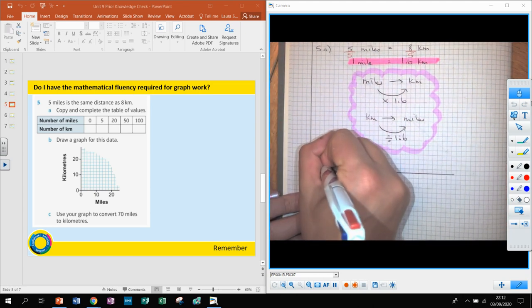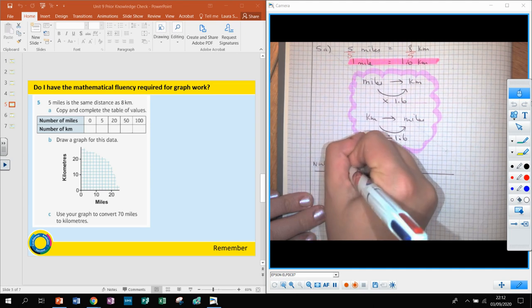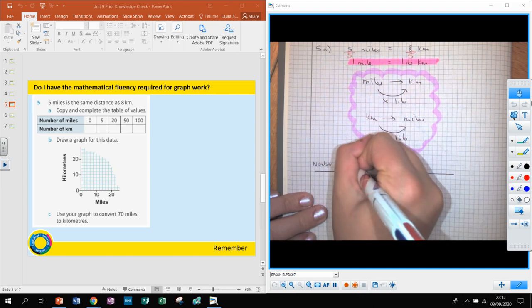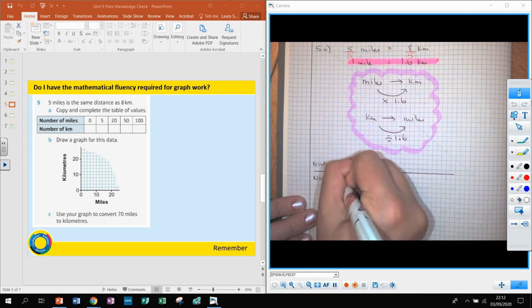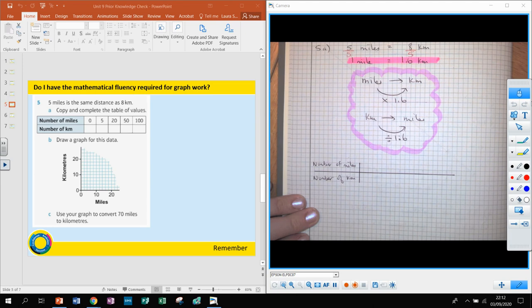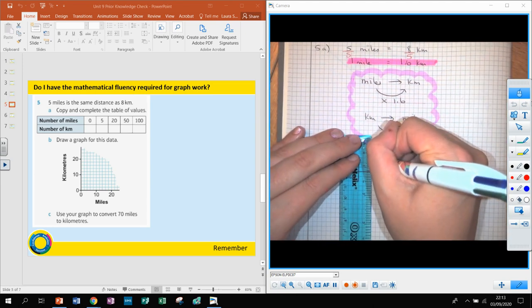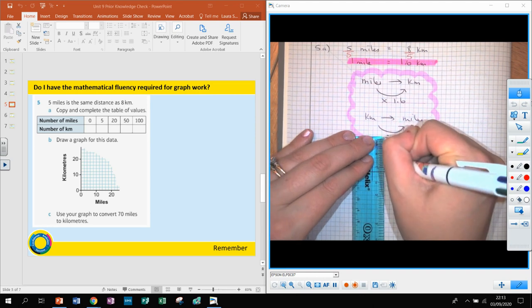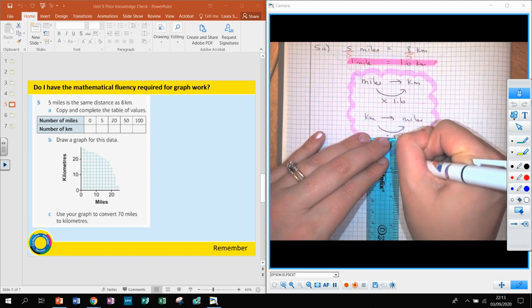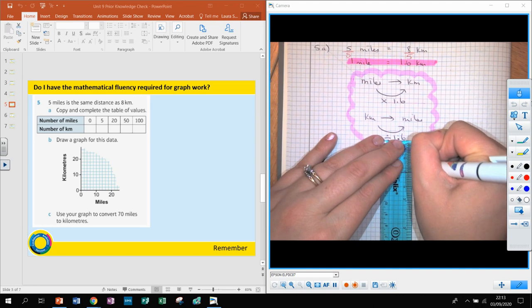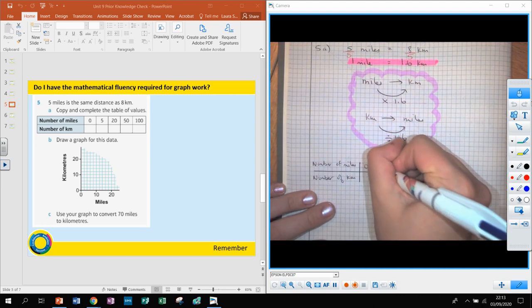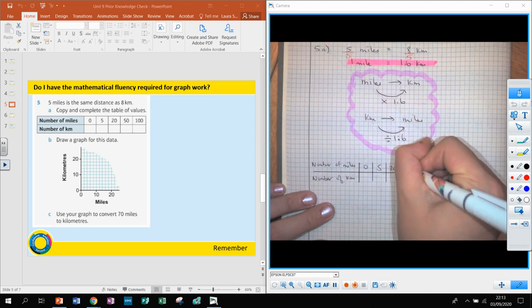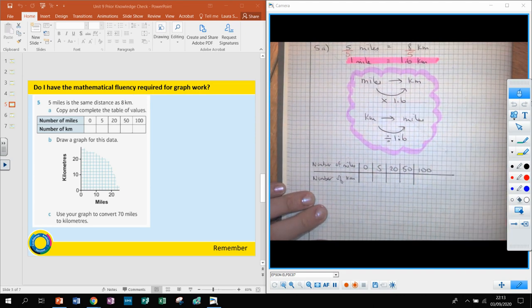Okay, so we had number of miles, and we had number of kilometers. Okay, and we have 5 different ones to do, so let's take a look at those. Okay, so we have 0, 5, 20, 50, and 100.